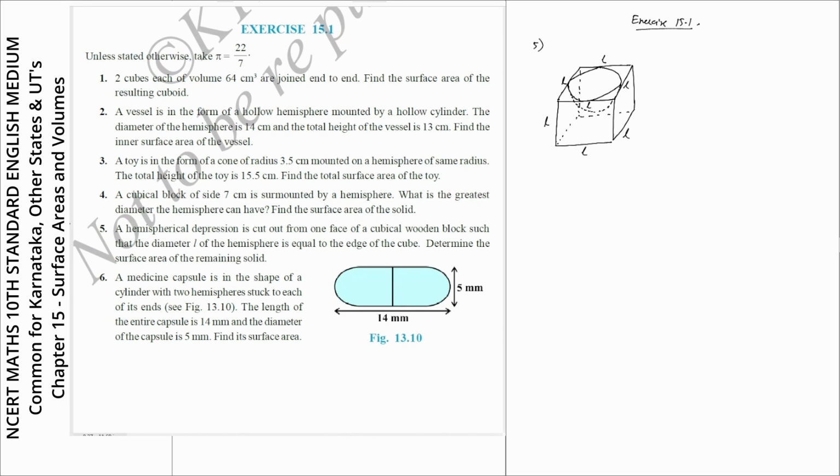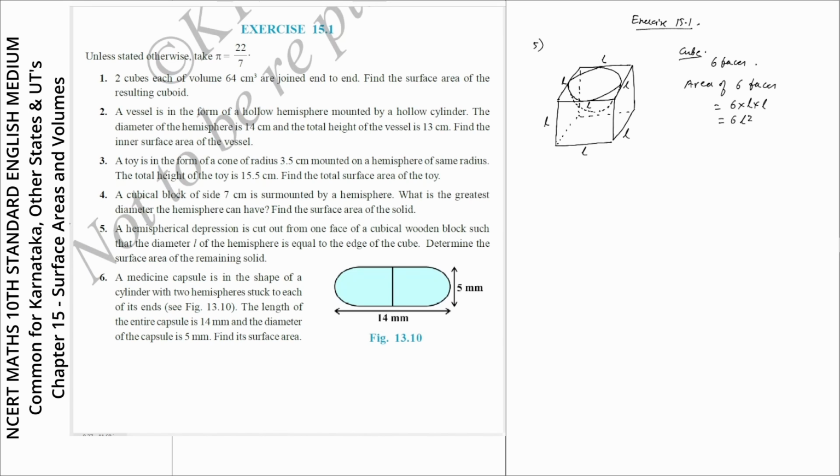Now in this cube, how many faces are there? Totally there are 6 faces. In any cube there will be 6 faces. Now area of all these 6 faces is equal to 6 into L into L, that is 6L square, the area of all the faces.